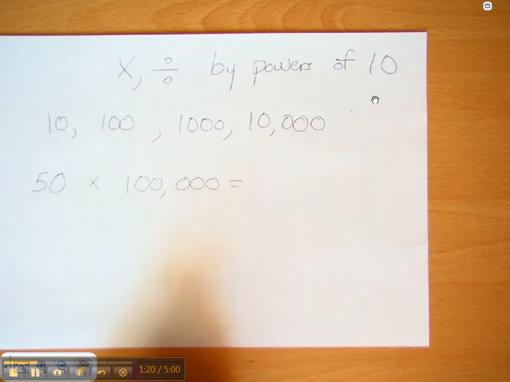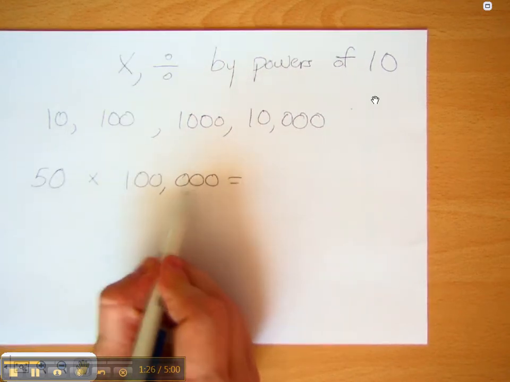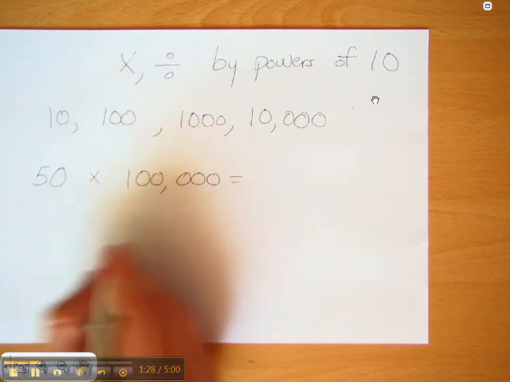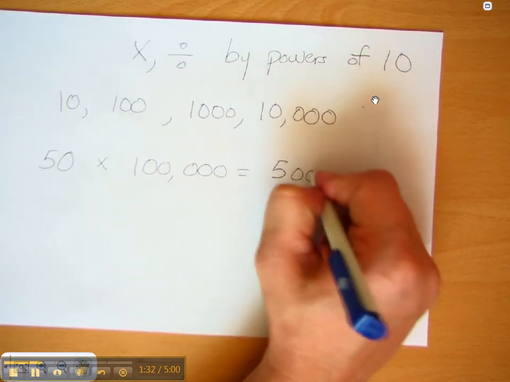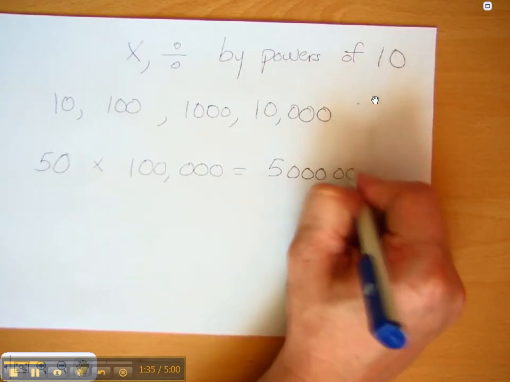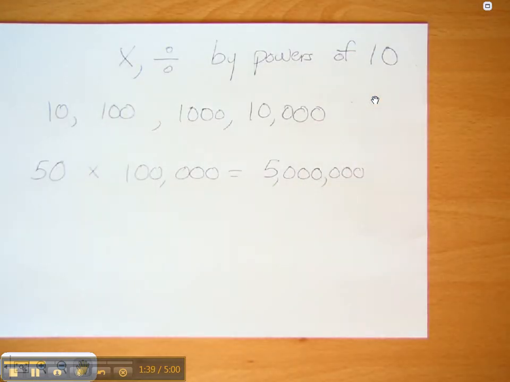Yes, just count the total amount of zeros that you see. For instance, here's 1, 2, 3, 4, 5, 6. So this number starts with the 5, and it's going to have 6 zeros. Don't forget your commas. 50 times 100,000 is 5 million. It's that easy. You just count your zeros.